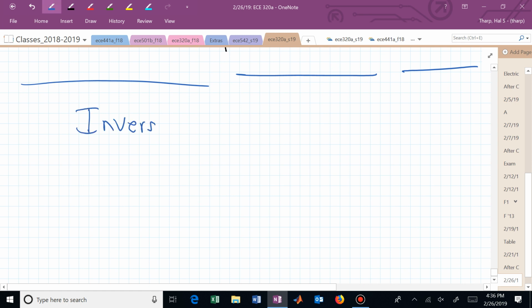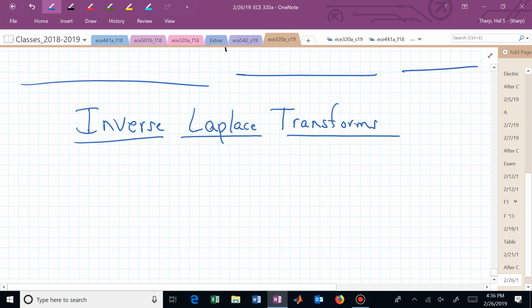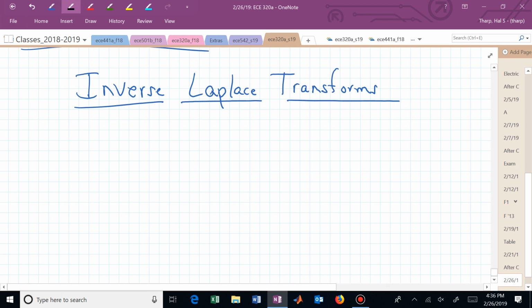Let's now talk about in general what we're going to be confronted with for inverse Laplace transforms. And I'm going to say that it's as simple as having one of two cases.